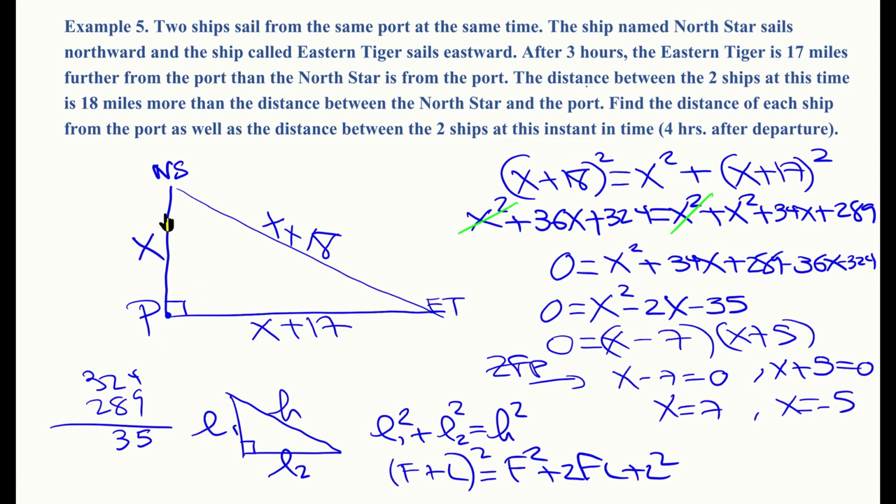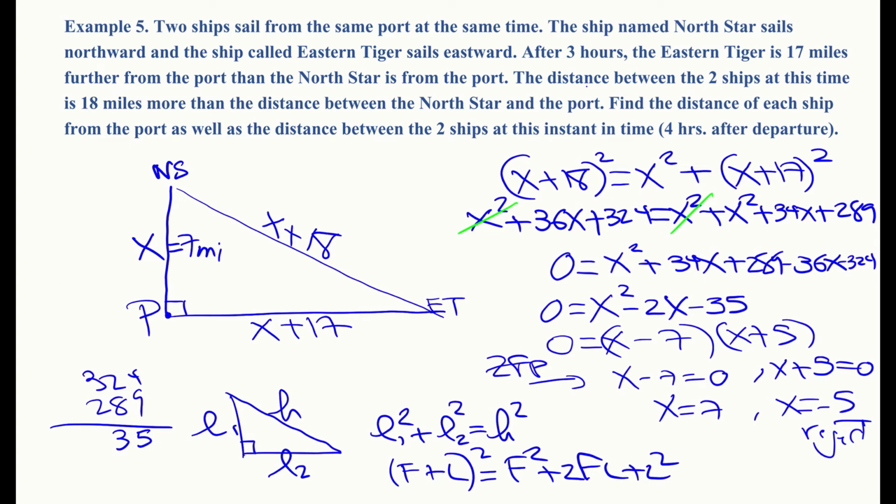Keep in mind what x is. X is the distance between a port and a ship that has left it 3 hours before a given time. So negative 5 is out because distance can't be negative. So we reject this one. And now if x is 7 miles, that means the North Star has gone 7 miles in those 3 hours.